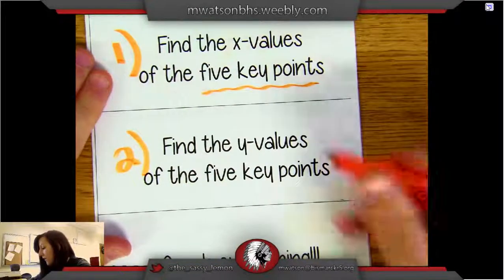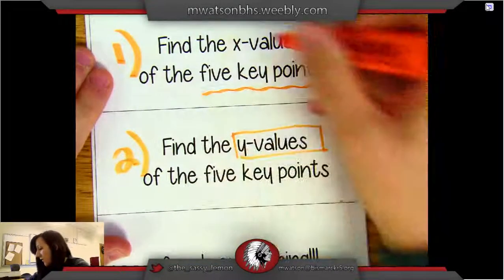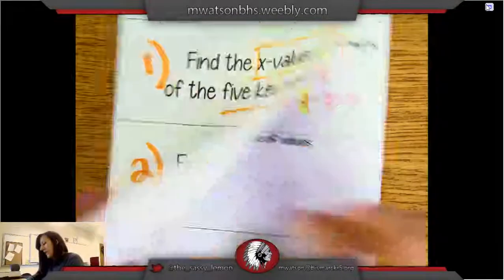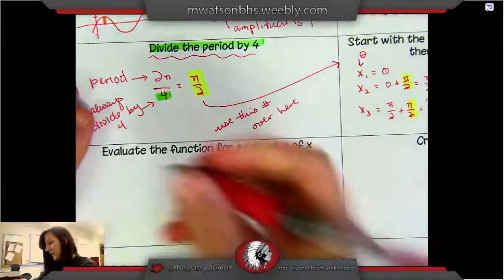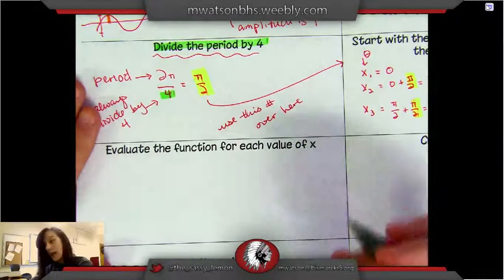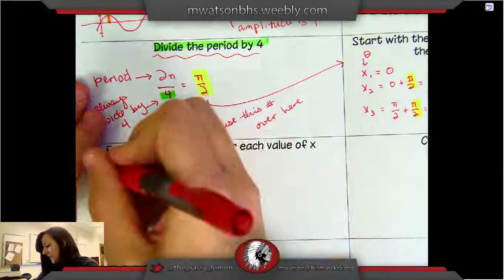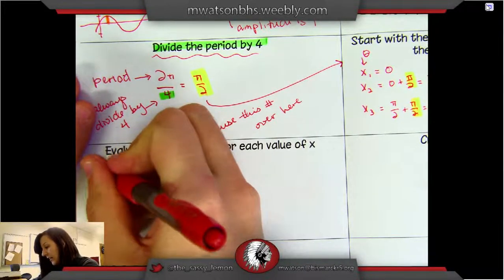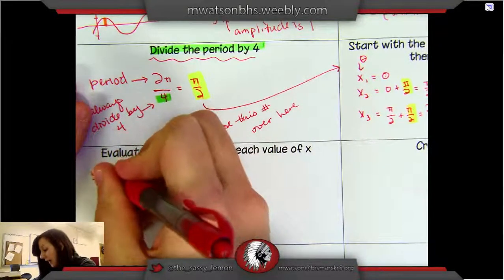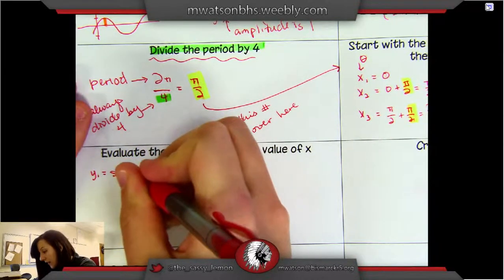Here we found the x values. Now we're going to go back and take our function, y equals sine of x. So our y sub 1 that goes with our x sub 1 is going to be sine of 0.